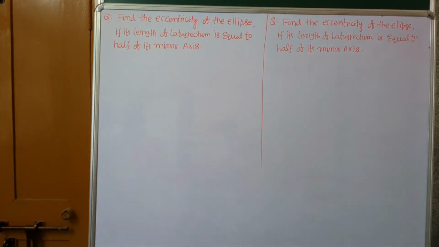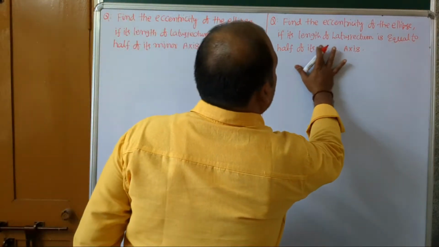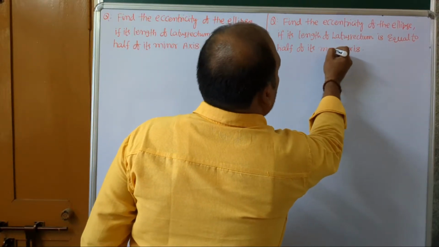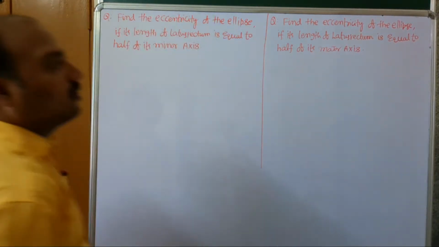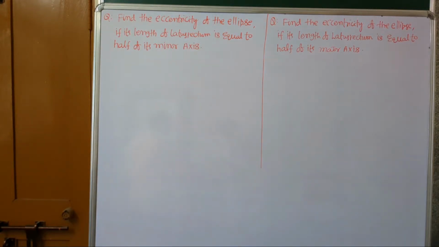Half of its major axis distance. This is major. One question is minor, another question is major.